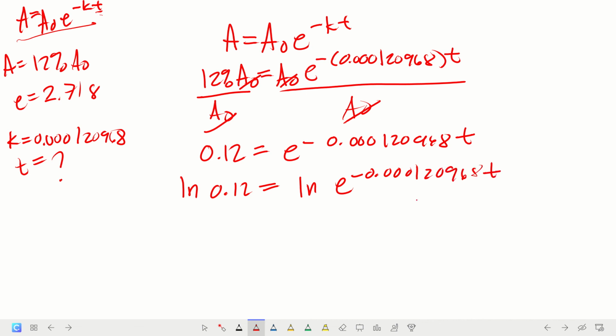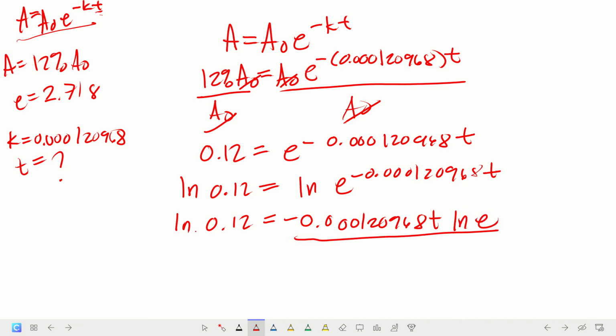And expanding this, we have natural logarithm of 0.12 is equal to negative 0.000120968 times t times the natural logarithm of e. So, to solve for t, we need to divide both sides by negative 0.000120968 times the natural logarithm of e.